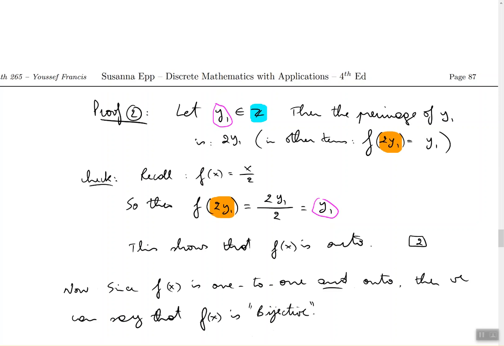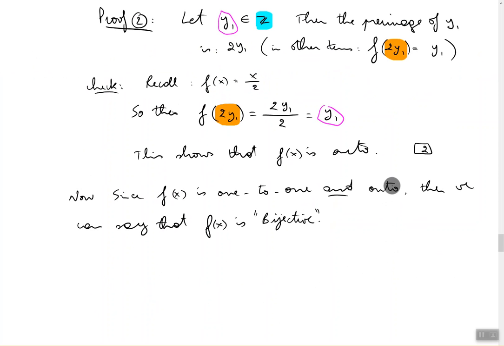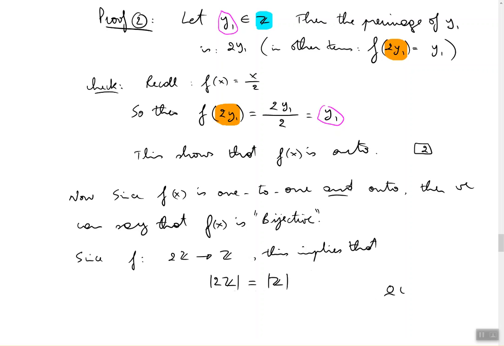Okay, and why is that important? It is important because that means the sets that we started with are equal in size. Since f goes from 2Z all the way to Z, this implies that the cardinality of 2Z is equal to the cardinality of Z, which is what we needed to show.